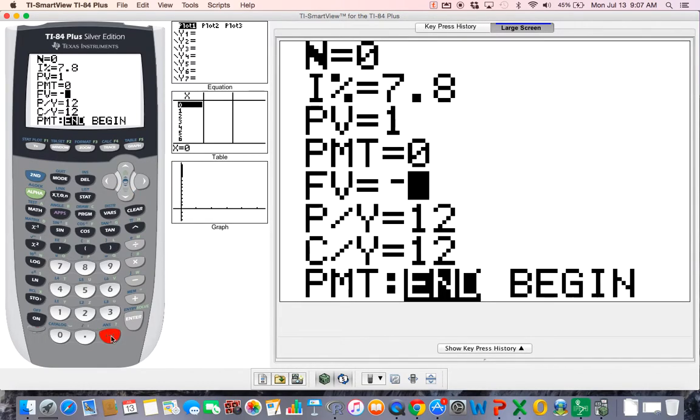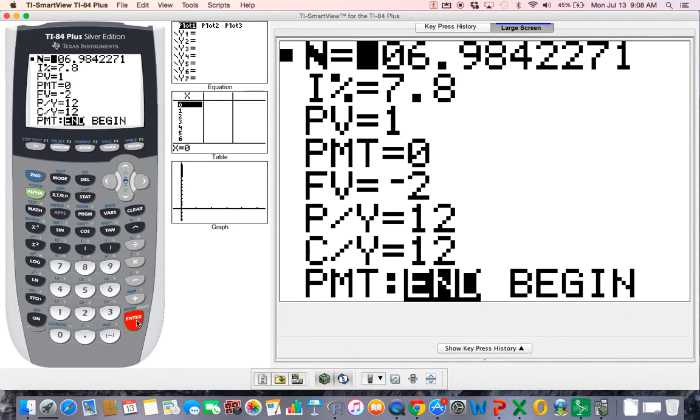Well, for one reason or the other, we have to make either the 1 or the 2 a negative, okay? Now, when we go back up to N, we're going to see that if you do it right, you're going to get your answer of 106.98 months. So guys, grab your calculator.